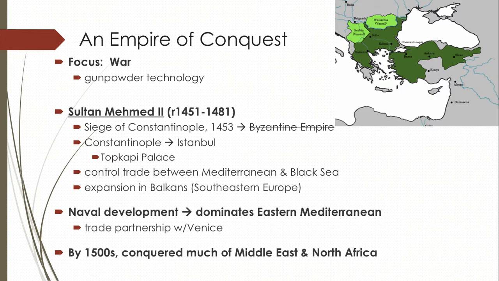But by the 1500s, the Ottomans, using their gunpowder technology, had conquered pretty much the entirety of the Middle East, with the exception of what becomes the Safavid Empire, and almost all of North Africa, so expanding almost all the way through to Morocco.